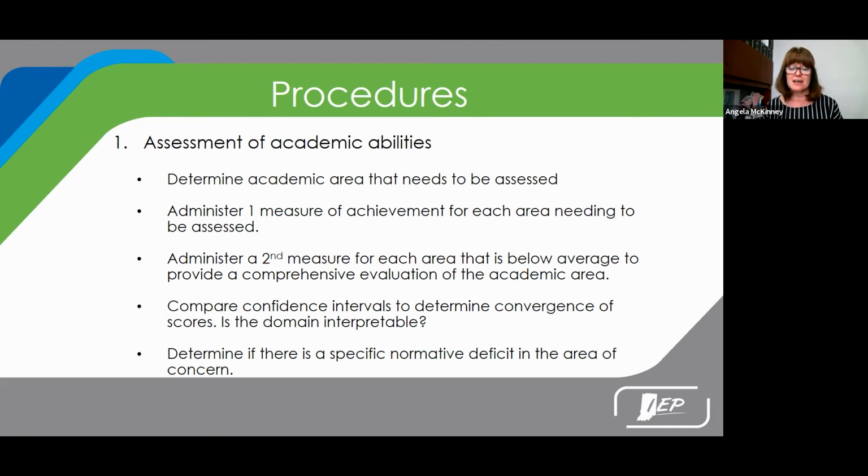But what the law says is that when we're looking at a possible disability, that we're gathering information related to the areas that we're concerned about and anything that might be related to determining eligibility or figuring out what to do for a student. So this is consistent with that in thinking that, okay, what do I need to look at? What needs to be assessed?